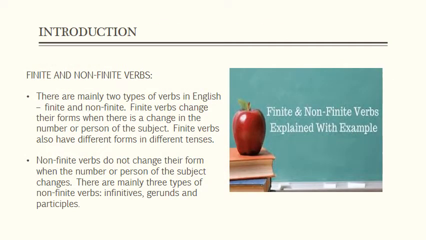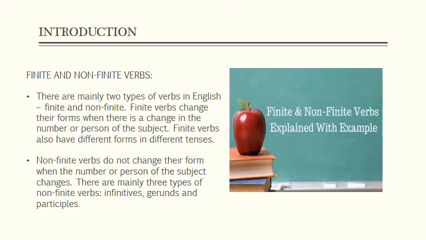So students, what are finite and non-finite verbs? There are mainly two types of verbs in English: finite and non-finite. A finite verb changes its form when there is a change in the number or person of the subject. Finite verbs also have different forms in different tenses.